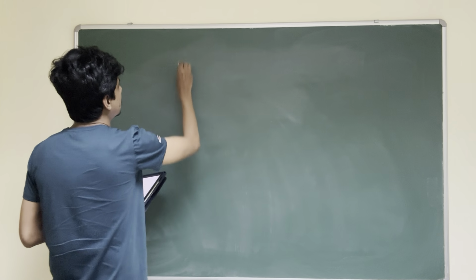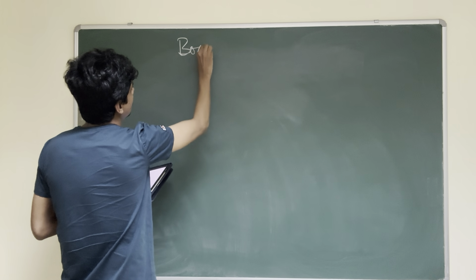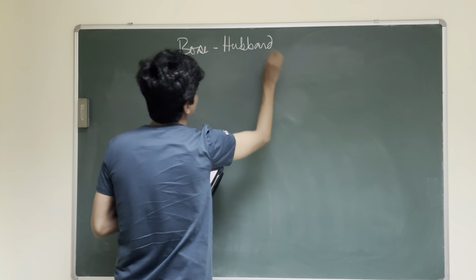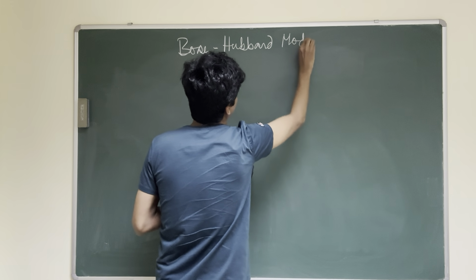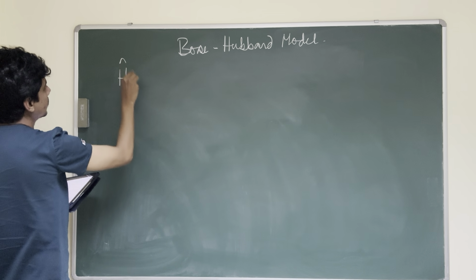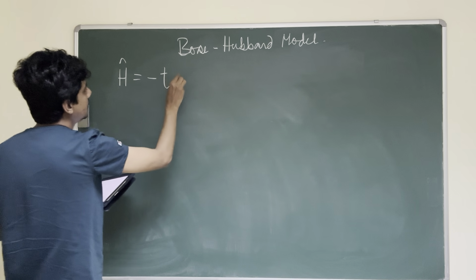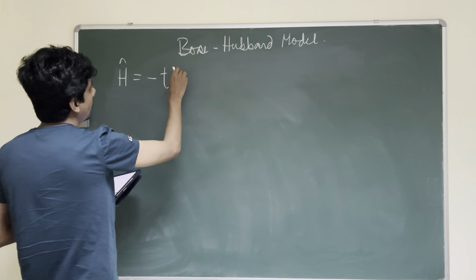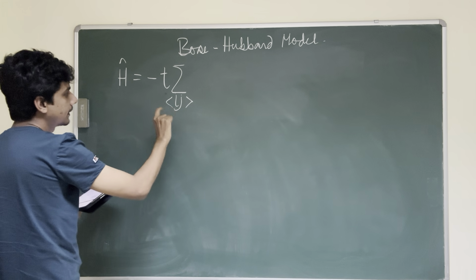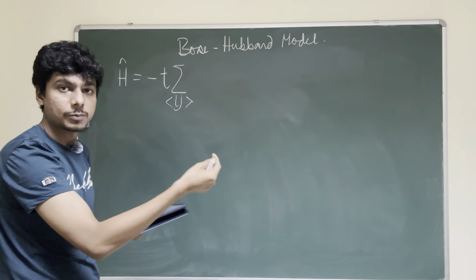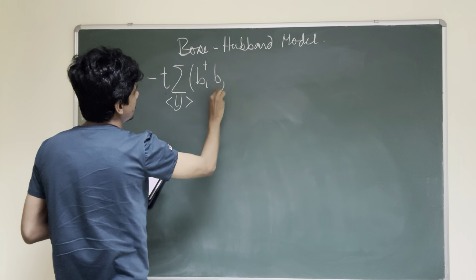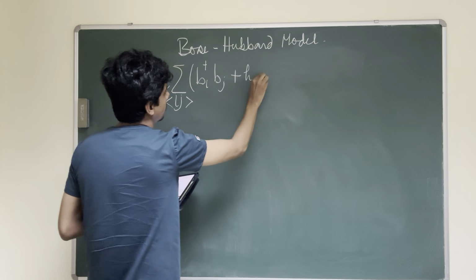So we can start the Bose Hubbard model. The Hamiltonian of the model is basically minus t, which is the hopping parameter, and the sum over i and j, which basically connects the nearest neighbor lattice points, that is the sum of bi dagger bj plus Hermitian conjugate.